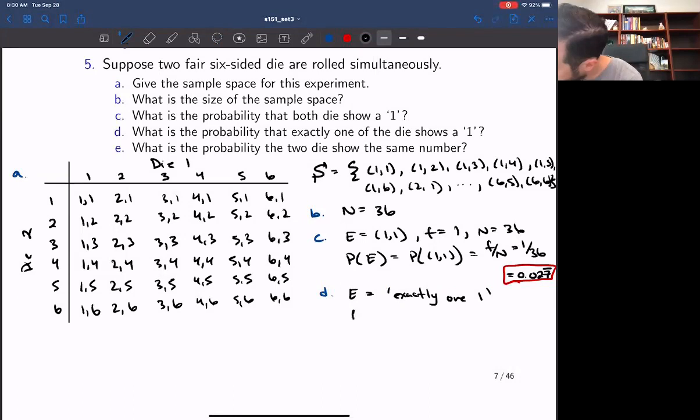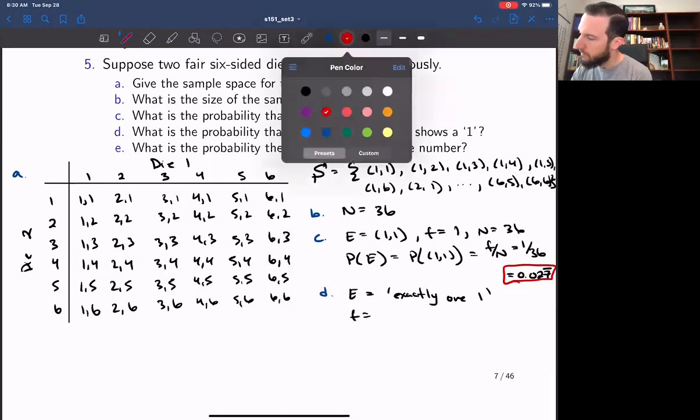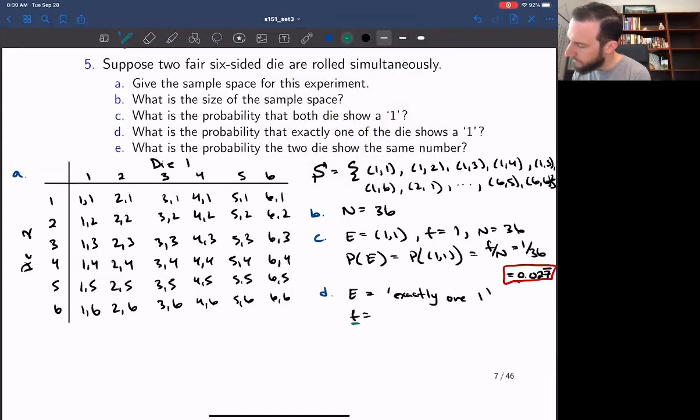All right, so now what we're going to do is we can use our sample space to figure out which events are going to correspond. Okay, so I'm going to use the color green here to represent these values. So we're looking for a situation where we have exactly 1, 1. So here's 1, 2, 3, 4, 5, 6, 7, 8, 9, 10. Right? So there's 10 different ways that we can get exactly 1, 1.